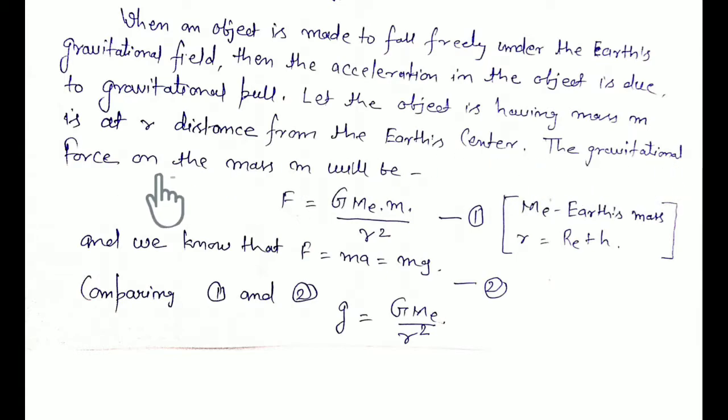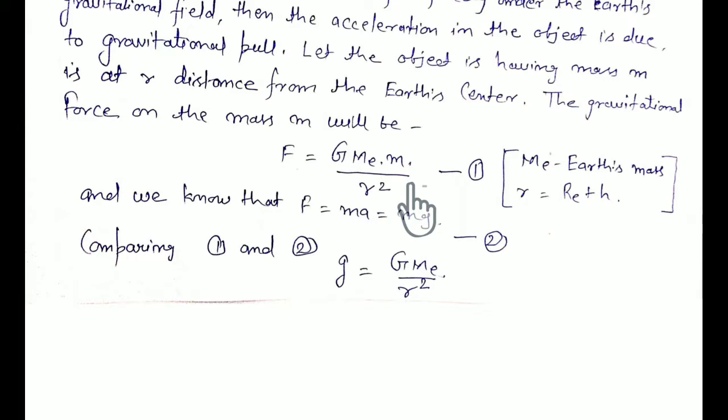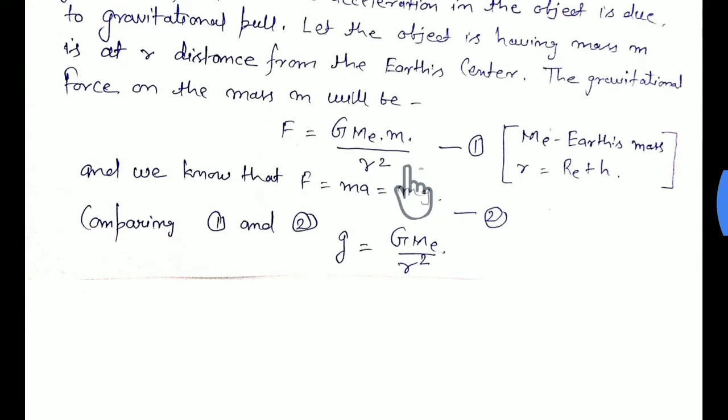The gravitational force on the mass m will be, as we know from Newton's gravitational law, F is equal to capital G Me m upon r square, where G is the universal gravitational constant, Me is the mass of earth, small m is the mass of that object under consideration, and small r is the total distance of the object from the center of earth.